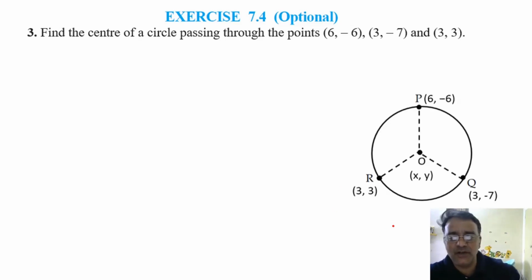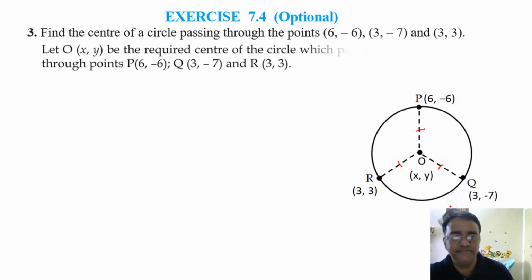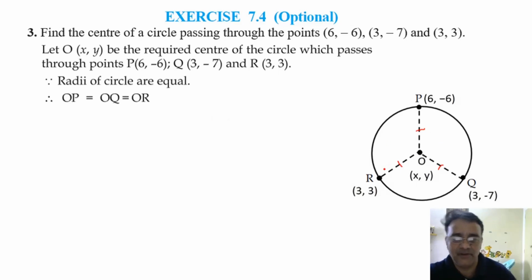Whenever we solve, we first check whether any coordinate is the same or not. So here OP is equal to OR is equal to OQ. Why? Because they are radii. In this we can make three relations.